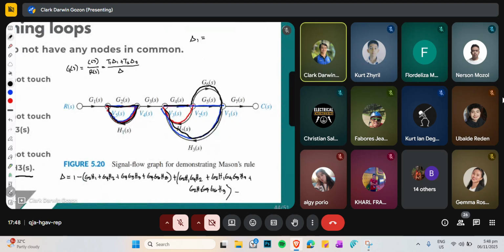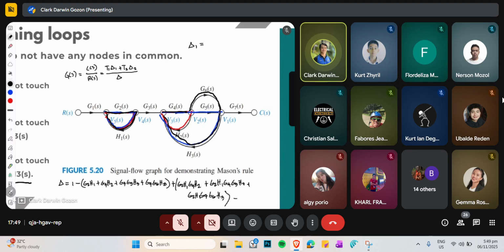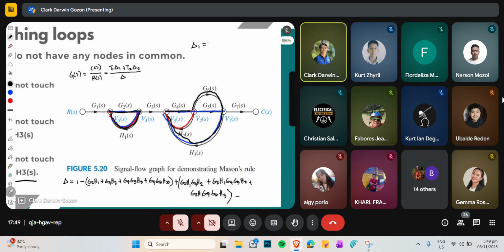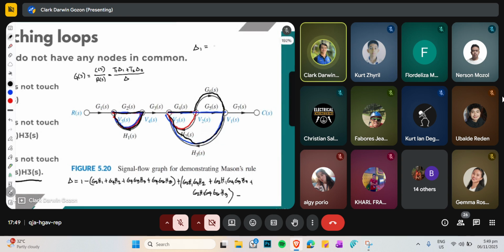delta, but remove the touching loop gains. So delta 1 is basically equal to 1, and delta 2 is also equal to 1.